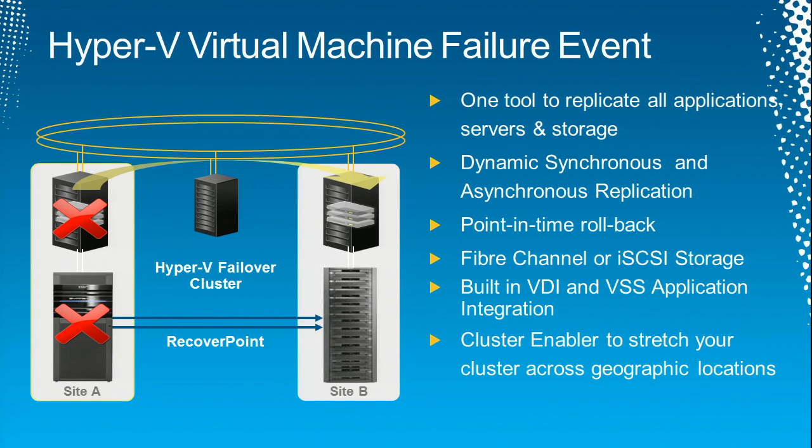One that's a great fit is something like a geo-cluster scenario. You can take a cluster and stretch it across two physical locations. I can take a cluster using storage replication, and I have my data replicated to the other site.